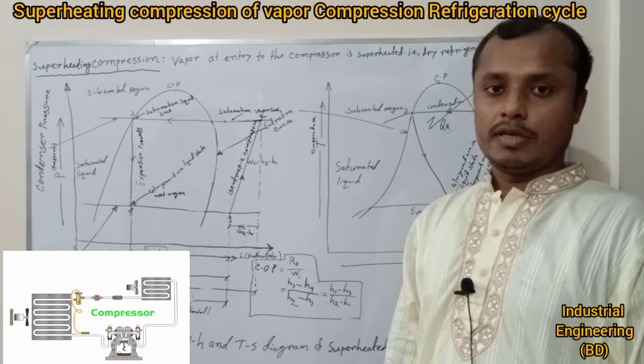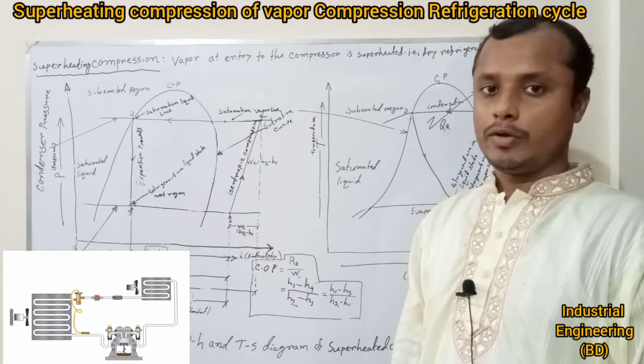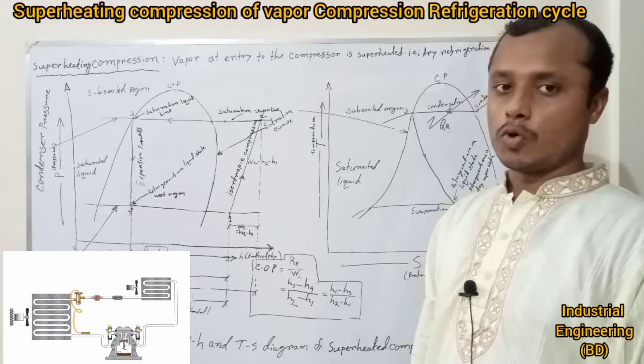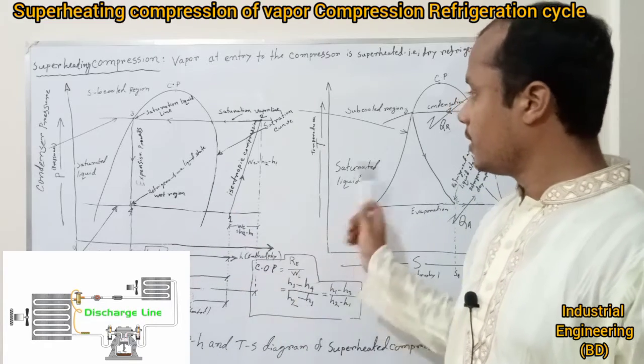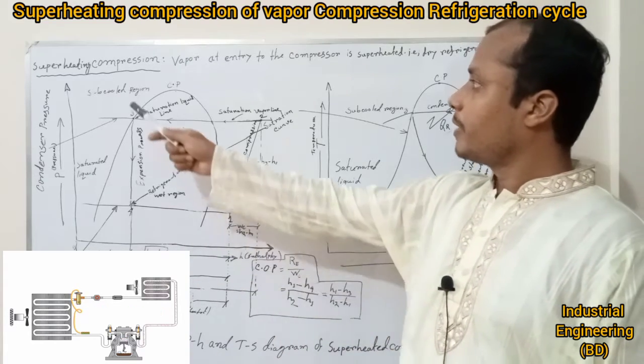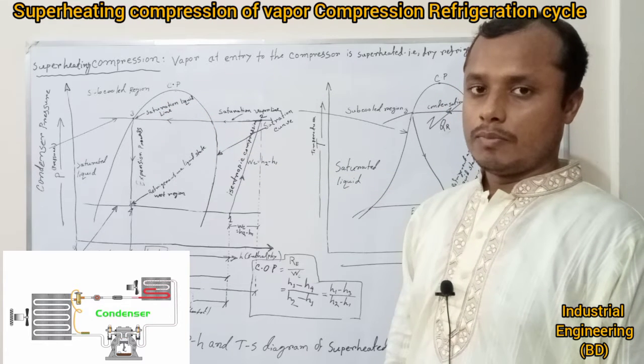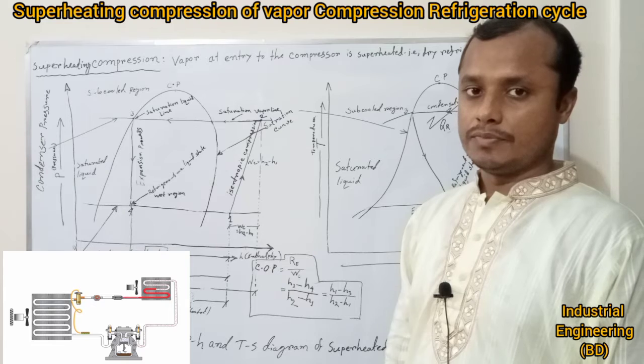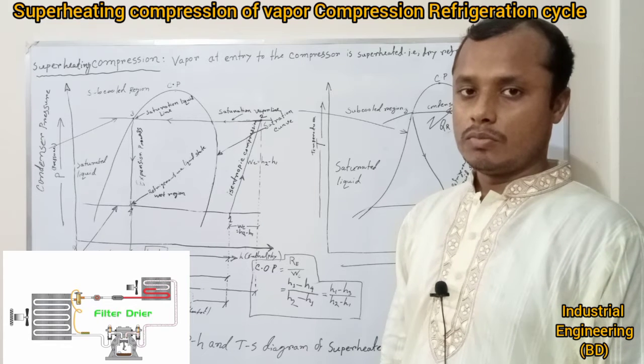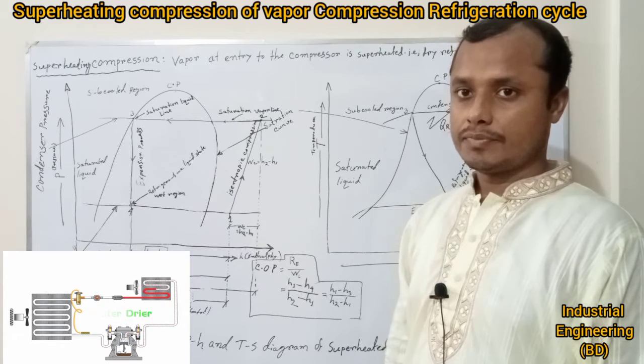Hi friends, in this video we are going to see how to draw pH and TS diagrams for the superheating condition, which is part of the vapor compression refrigeration system. So let's get started.